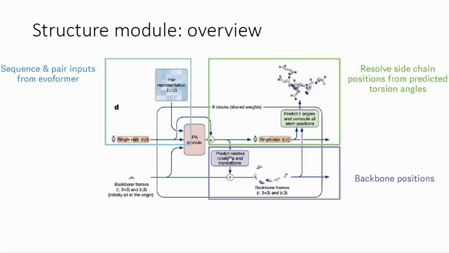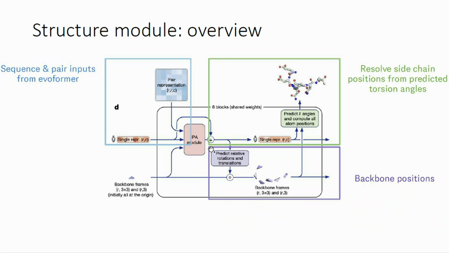By adding this relative movement to the frames, you push the frames forward a little bit towards a different structure, and by doing this multiple times, you're gradually heading towards the final structure that you want to predict, and you can get a loss by contrasting that with the ground truth structure.